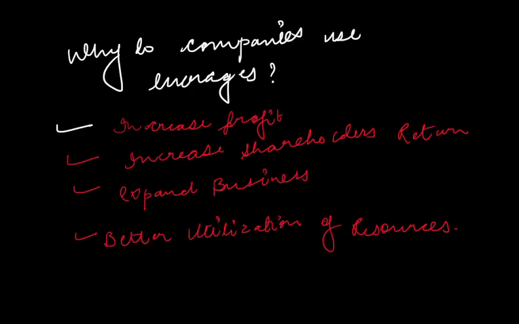Although these decisions increase the fixed cost, they also create a possibility of earning higher returns. If sales increase, profits may also increase much faster. This is the main reason why companies use leverages. Now there is a catch. If sales decrease, loss can also increase quickly. So leverage can work both ways, it can work for and against a business as well.